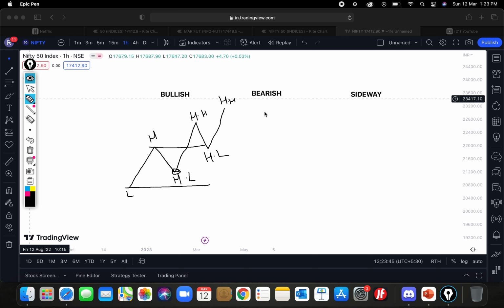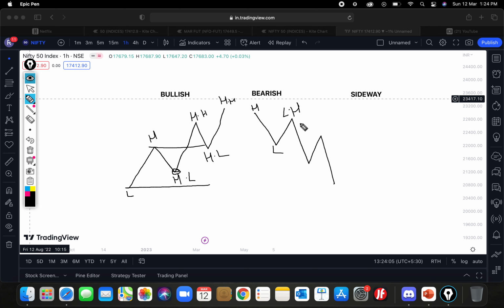So now let's look at the bearish. In the bearish, the market will first have a higher point, fall down, a pullback, creating a new lower high, again a low, a lower high, a lower low. So here we could see this is a high and this is a low. It had a pullback, creating a new lower high.